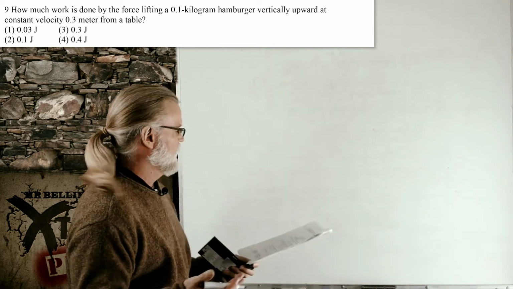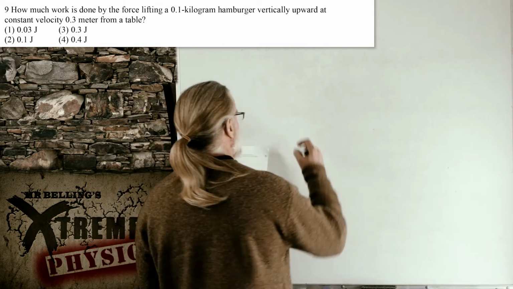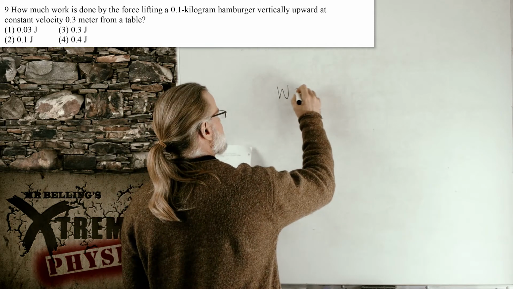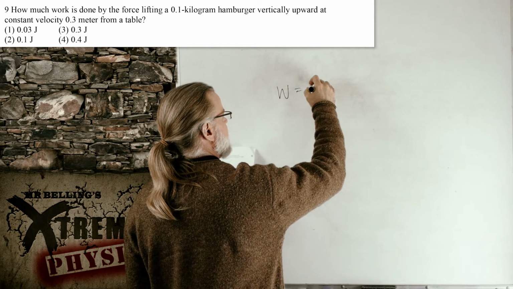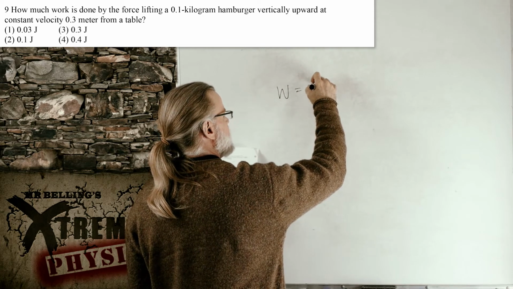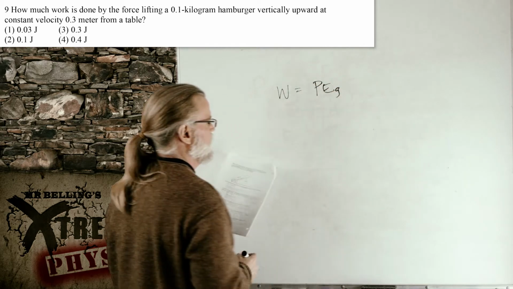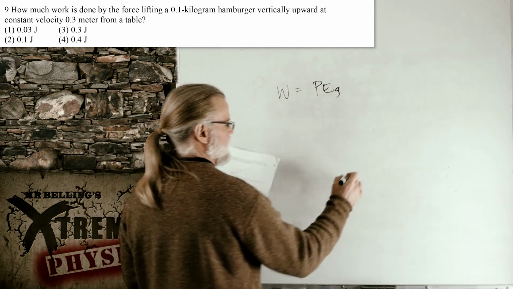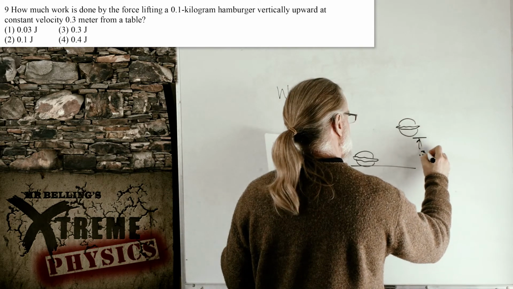So the work that was done is going to become gravitational potential energy in this case. So the work is going to equal a force times displacement. Or in this case, the work is going to equal the gravitational potential energy. We could look at it like this. Here's our burger, and it's lifted 0.3 meters.